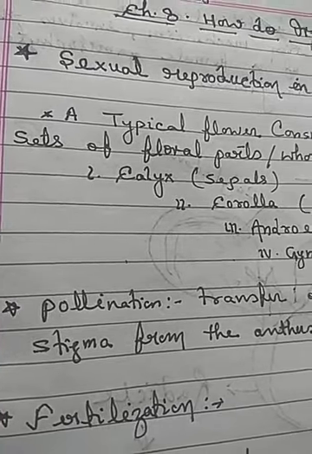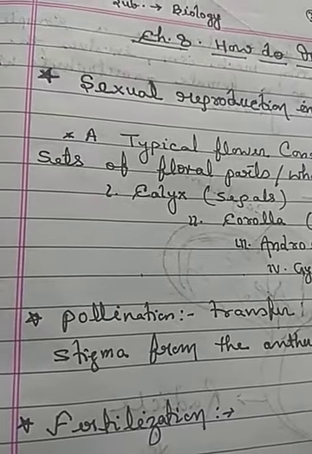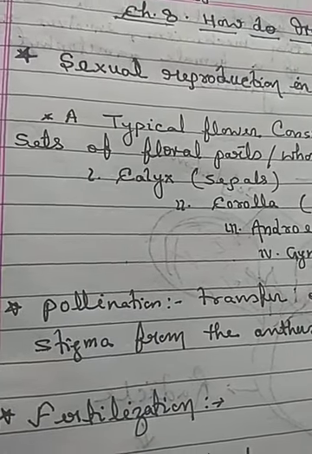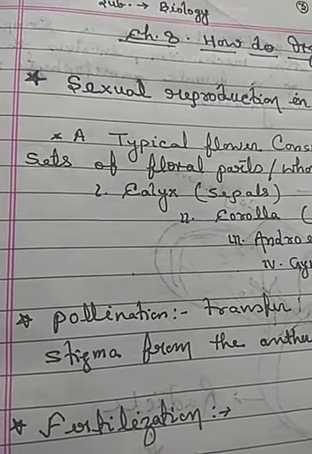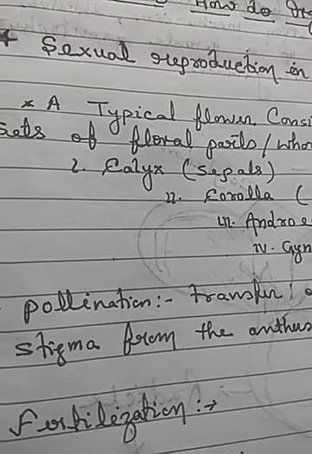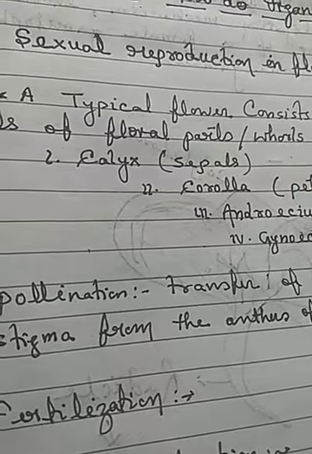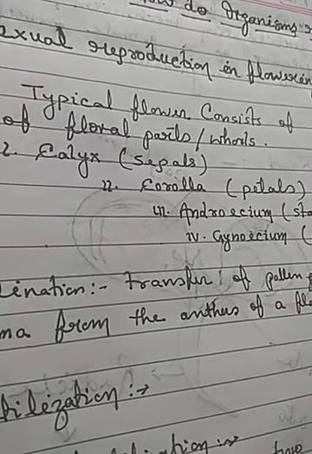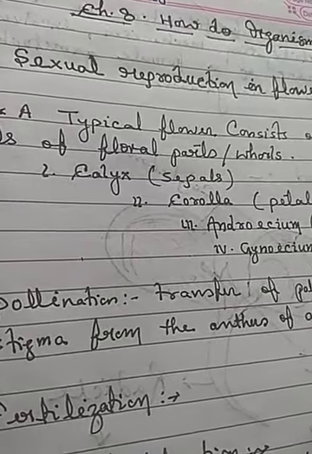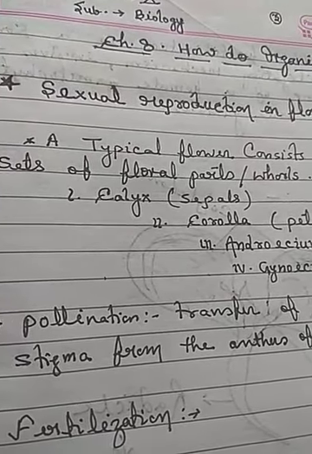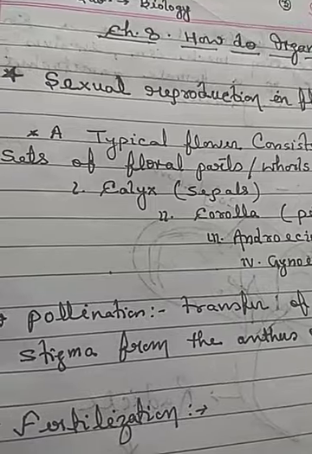Now pollination is of two types, self-pollination and cross-pollination. Various types of flowers can be present on a single plant. When pollination occurs on the same flower, that is, pollen grains are transferred from the male part of the flower to the female part of the same flower and pollination is completed, this is called self-pollination.